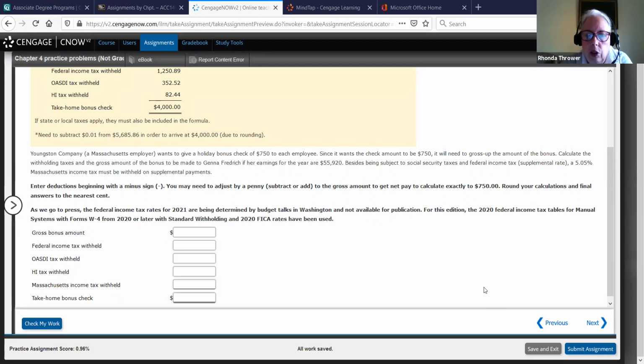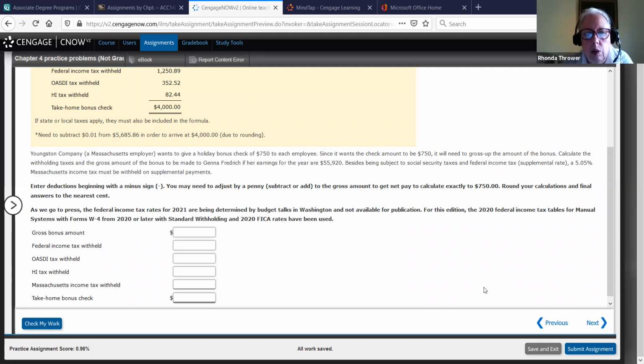Once you divide that, you're going to get the grossed up amount of the bonus, which is 1148.545. Now, in Cengage, they took it to be 1148.54, but I would have rounded it to 1148.55. But that's where you might need to adjust it by a penny, either adding a penny or subtracting a penny, because there was a rounding effect to this particular problem.